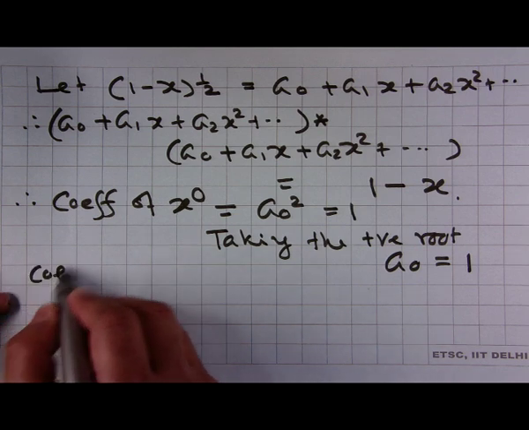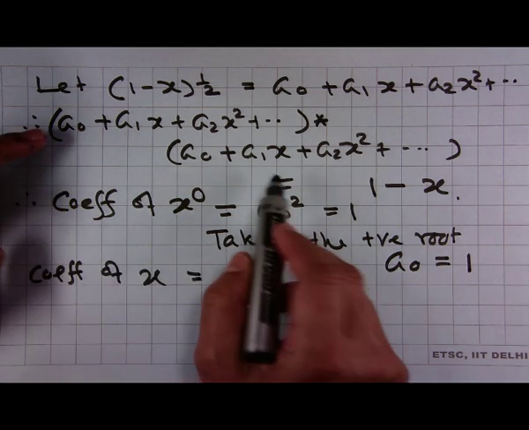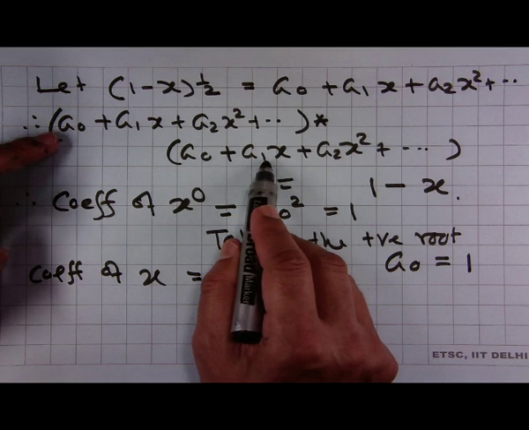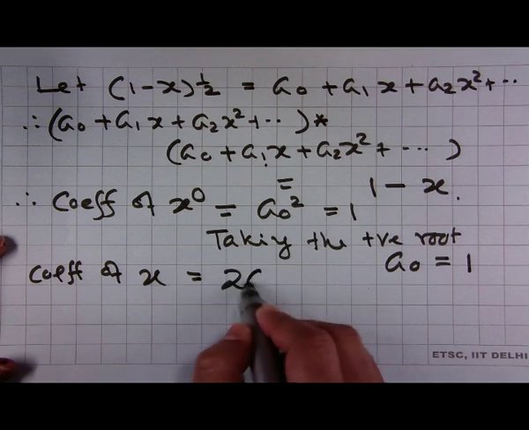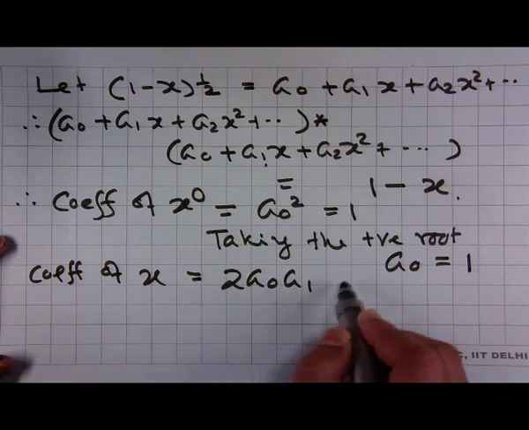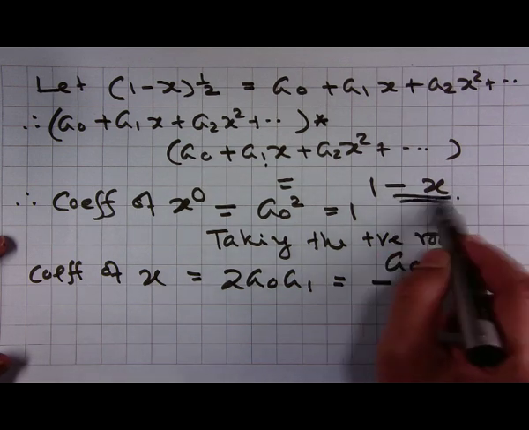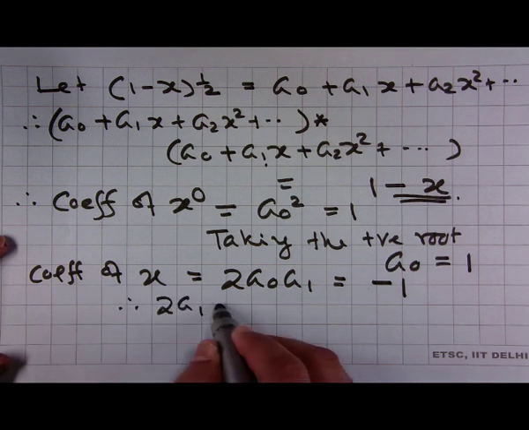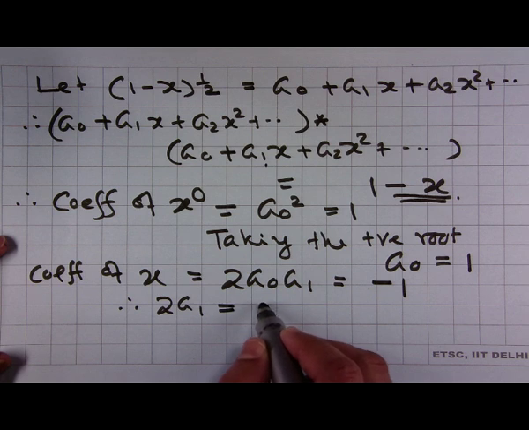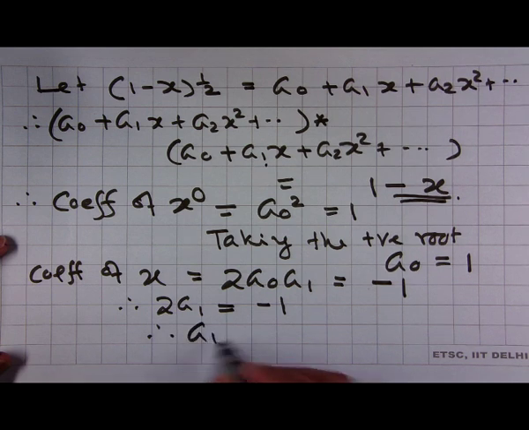Coefficient of x is equal to a0 a1 plus a1 a0, which is 2 a0 a1, which is equal to minus 1. Therefore, 2 a1 is equal to minus 1. Therefore, a1 is equal to minus half.